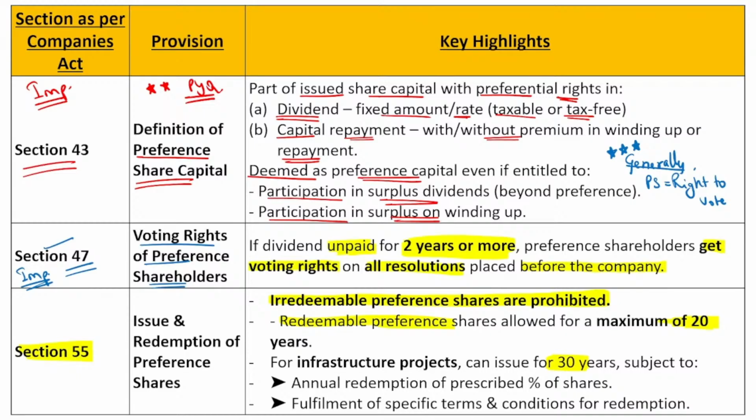But if in the question they are asking about section 47 or voting rights of preference shareholders, then remember: if the company does not pay dividend, or if dividend is unpaid for 2 years or more, this point, this timeline, is very important. If the company does not pay dividend for 2 years or more, then preference shareholders get voting rights on all resolutions, meaning on all notices and all decision making placed before the company.